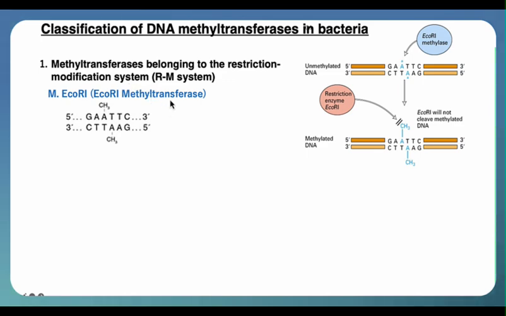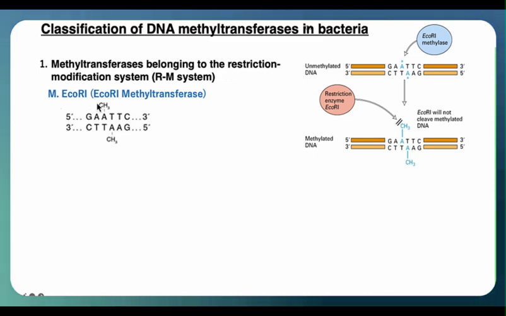Bacteria possess restriction enzymes within their cells to prevent the invasion of parasitic factors, such as phages. To protect their own genome from being cut by the produced restriction enzymes, bacteria also have DNA methylation enzymes that methylate cytosine, or adenine, within target sequences.